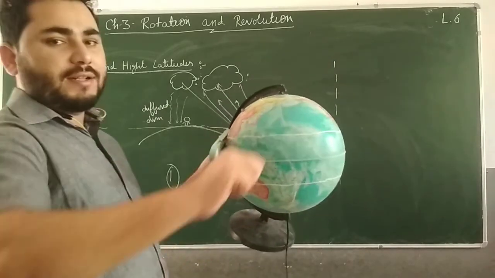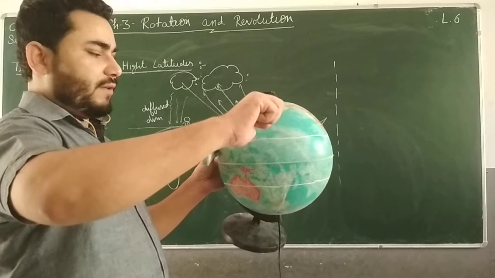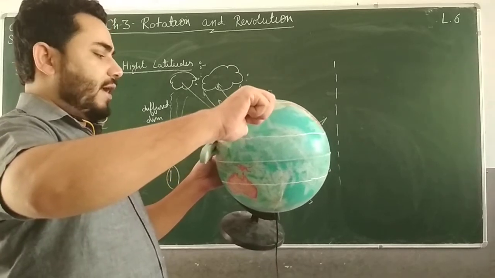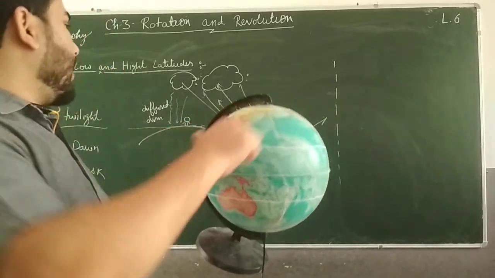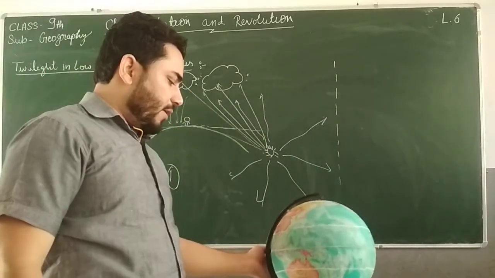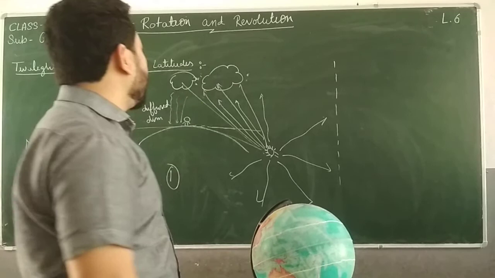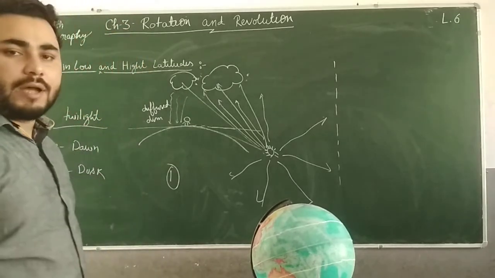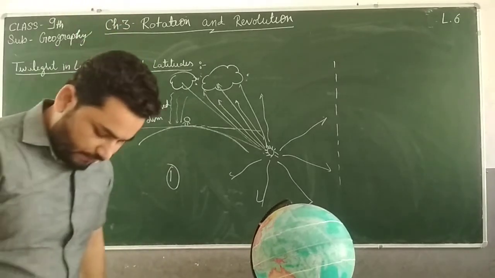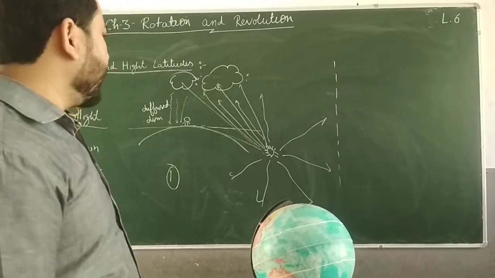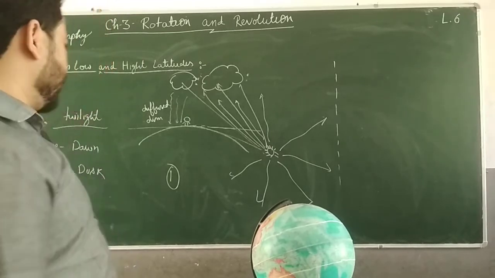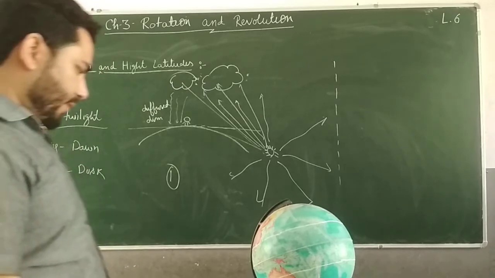So the dust particles and the clouds will reflect back the light, and India will start receiving very dim and diffused light in that manner, and that time will be called the dawn time in the morning, and the dusk time in the evening. Both phenomena are called twilight.